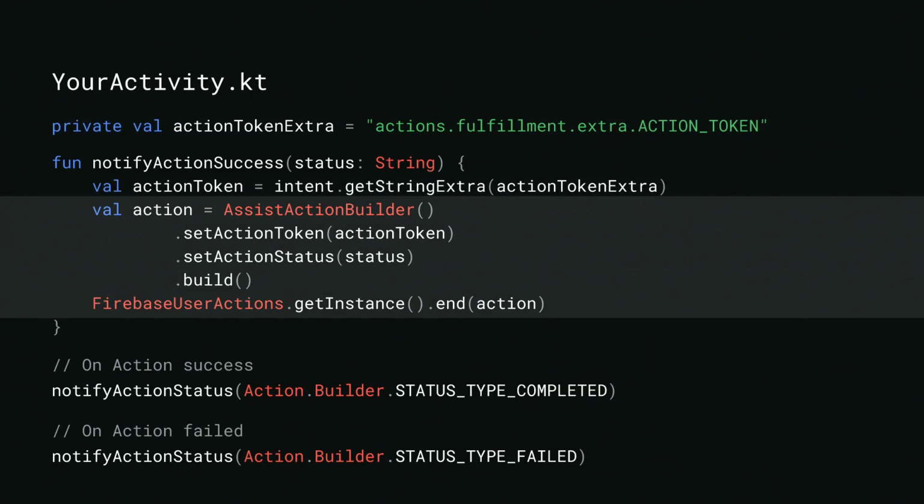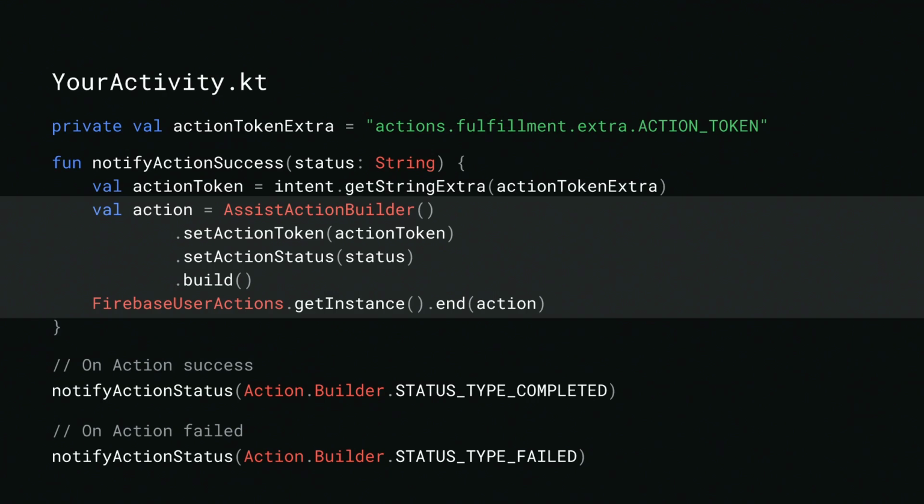Next, we're going to call upon a special assist action builder class from the Firebase app indexing library. We're going to set that token, and we're going to set the status, the success or failure status. Then we're going to call the Firebase User Actions API, and we're going to call a special method end and pass in that action. Now, you might be thinking, what is this end? Like, why am I calling end all of a sudden? Well, Firebase User Actions works like this.